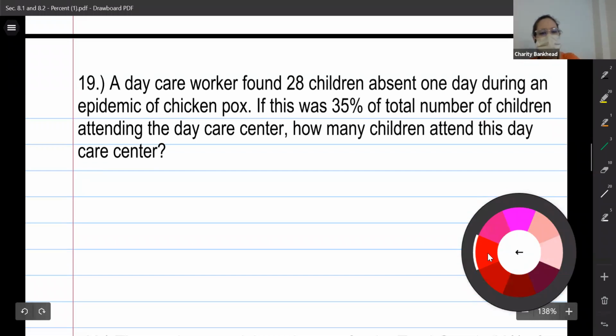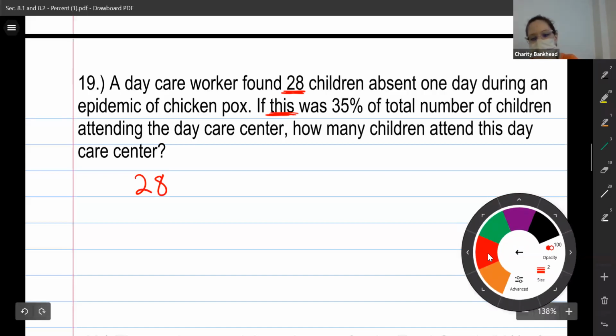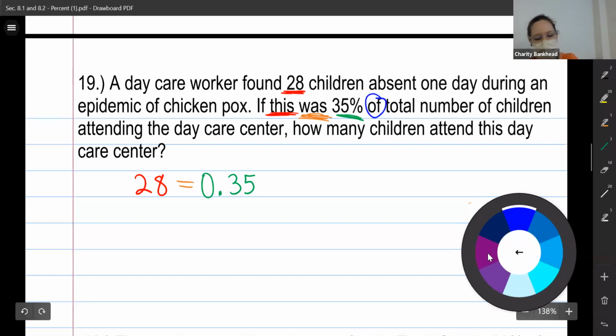Okay, so 28 were absent, and it says if this, so this is referring to 28, was, which is basically the same thing as is, so that would be equals. 28 equals 35%, so 0.35. 35% of, so times the total number.